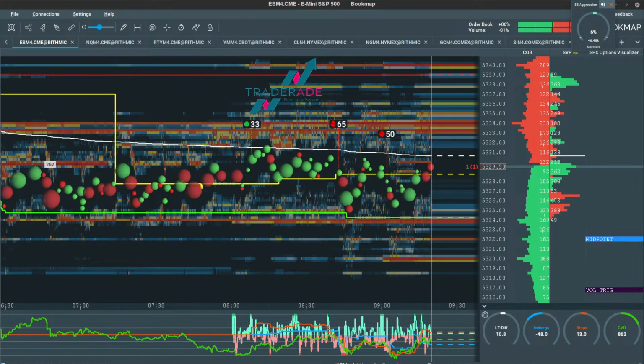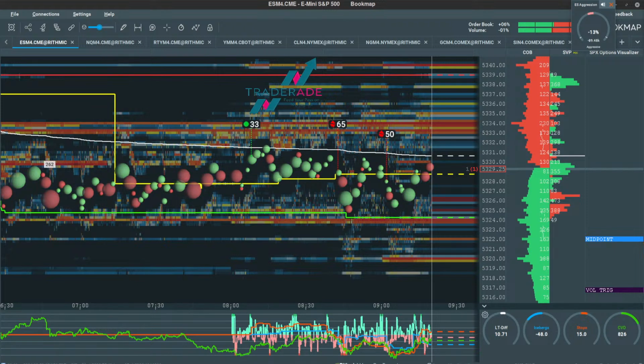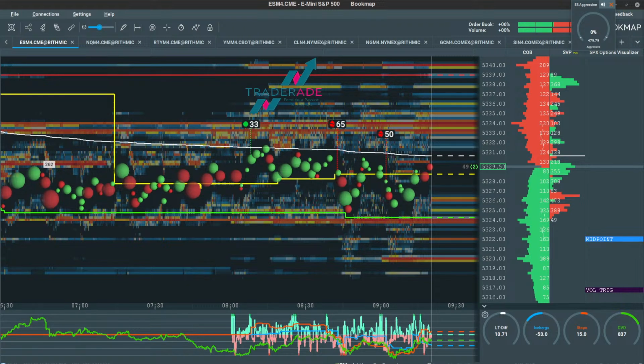They show you the flow of a passive seller here. 65 ES contracts were sold here. That did actually scare some of the buyers away a little bit. You could see there was a dip there. And then another one, 50 iceberg contracts sold out. There was another little micro dip. Again, these are more pronounced and larger during the cash session, but I want to at least give you visual examples so you can see what this means when we're actually in the cash session.